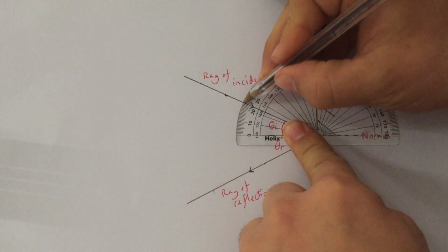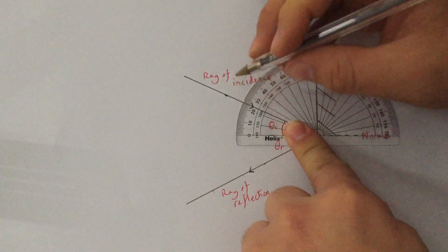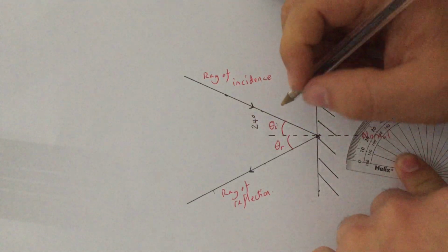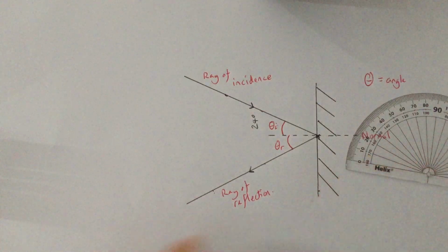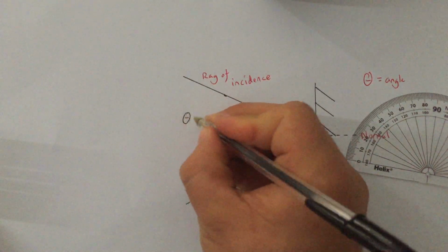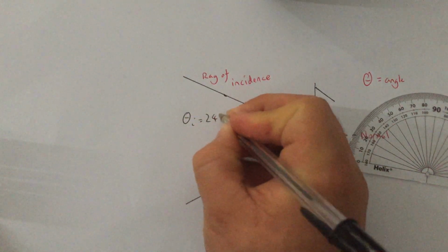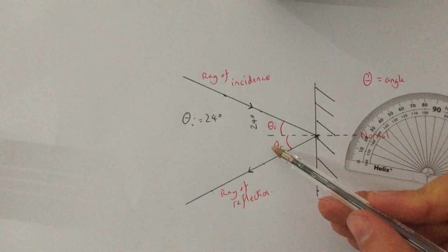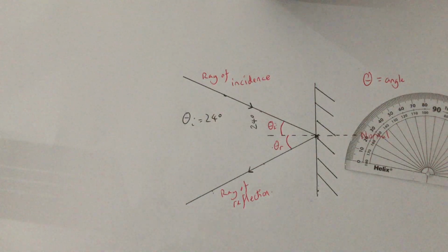So my ray of incidence is here, and you can see that that is 24 degrees. Okay. So my angle of incidence is equal to 24 degrees. What I'll then need to do in my experiment is measure the other angle and see what it is.